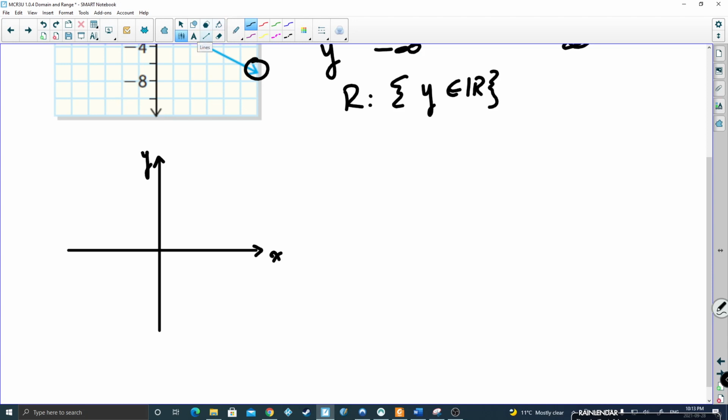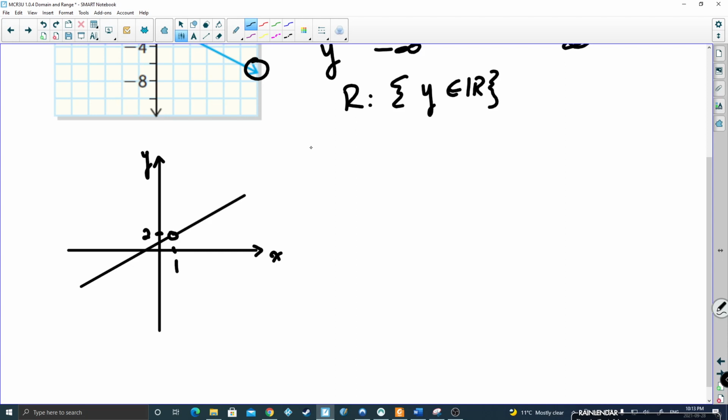But this time, instead of just a line, we have a line with a break in it. I'm going to try to line these up a little bit more. And I'm going to put an open circle right here. And we're going to say that open circle is at a height of 2 and a horizontal distance of 1.